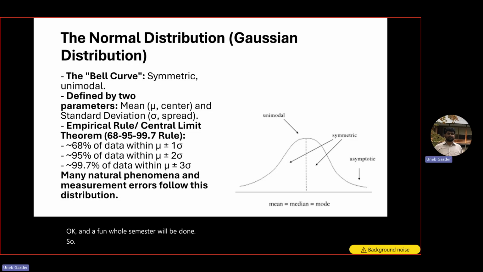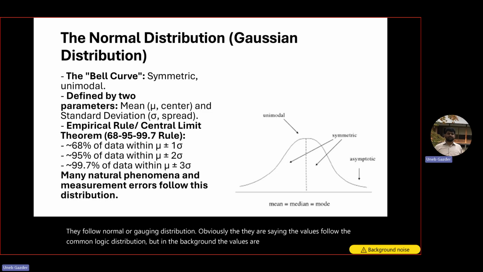Going back to the point, they say that natural phenomena and measurements follow the normal or Gaussian distribution. Obviously, they are saying the values follow the Gaussian distribution, but in the background, the values are affected by errors.